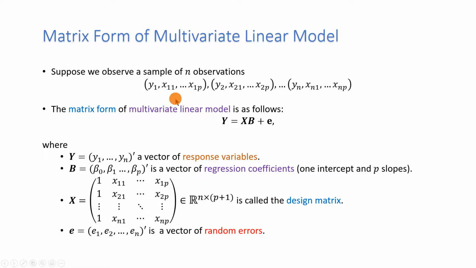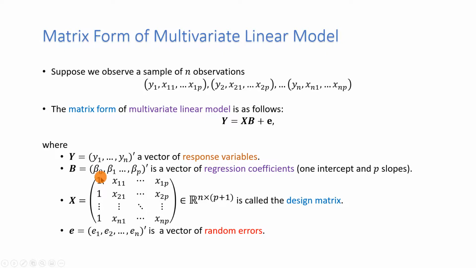And also we can collect all those values of x11, x12, x1p, x21 to x2p until xn1 to xnp in this so-called design matrix, which we use the boldface x to indicate. So the first row is actually the values we observe from the first data point, which have x11 to x1p, okay?